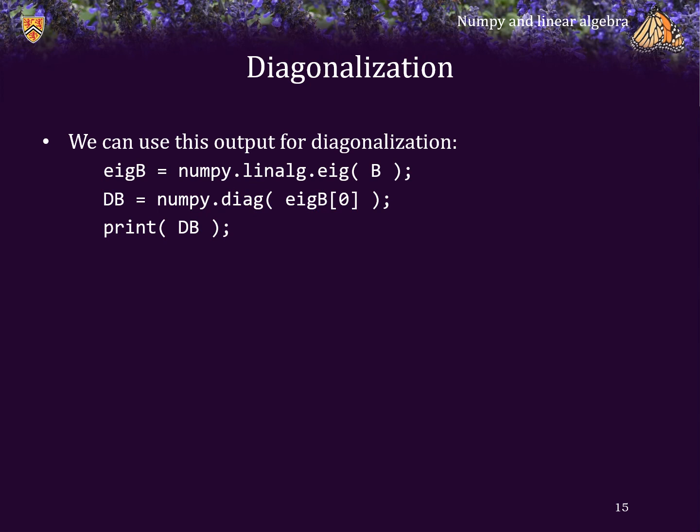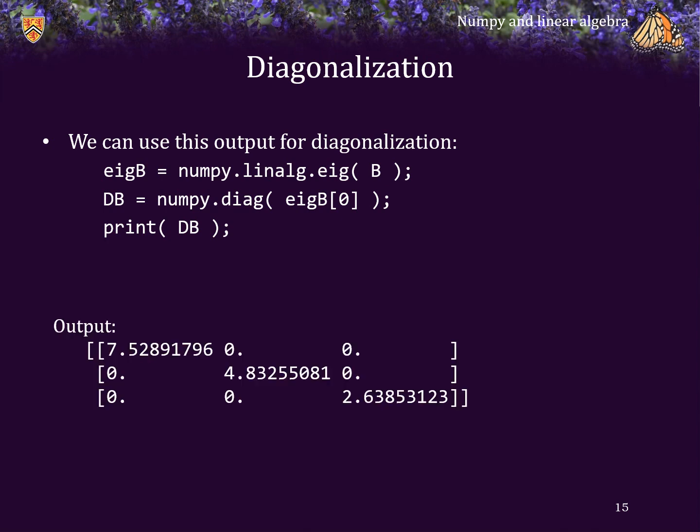What we can do now is call the NumPy diag function, which returns a matrix containing the entries of the argument vector as the diagonal entries of that matrix. So the first entry of the tuple returned by eig is a vector containing the three eigenvalues. If we pass this to diag, we now get a diagonal matrix with the three eigenvalues on the diagonal.